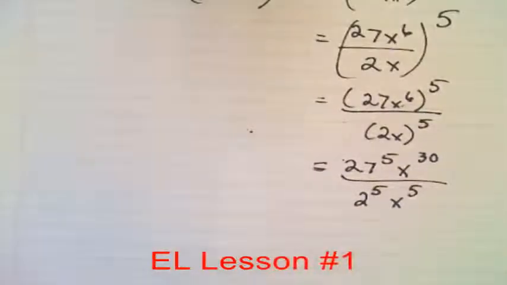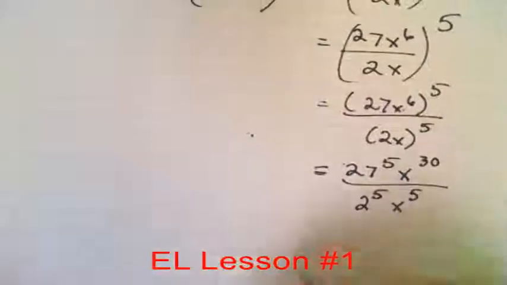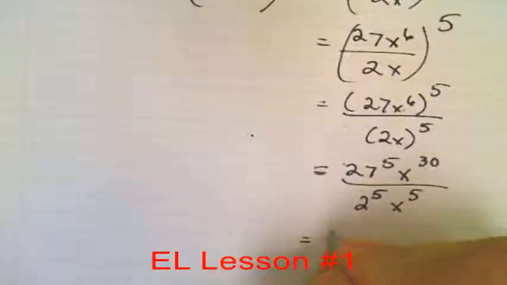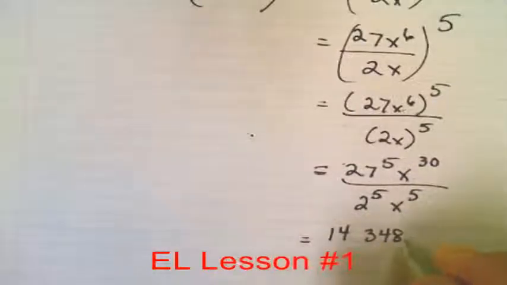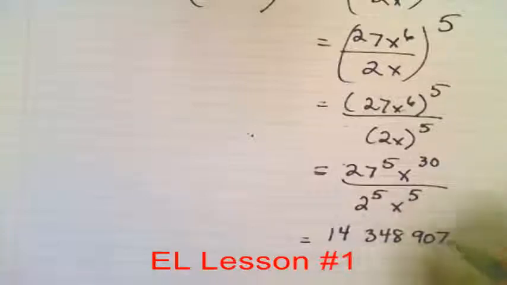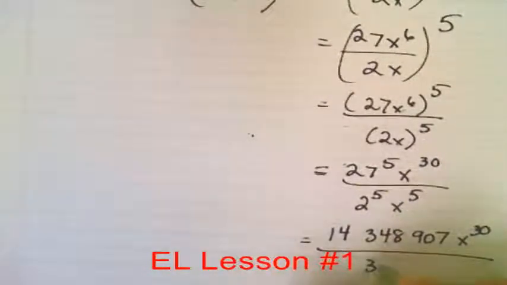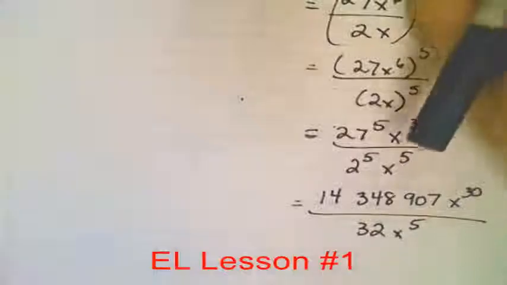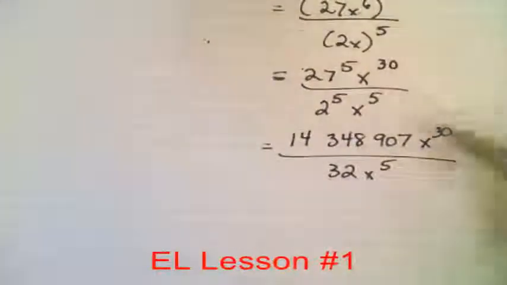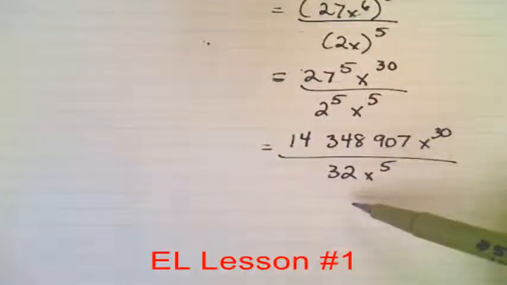X to the 6th to the 5th, keep the base the same and multiply, x to the 30, over I'm going to get 2 to the 5th times x to the 5th. So I'm happy there. Okay, keeping in mind what I am going to get, 27 to the power of 5 is 14,348,907 according to my math. Okay, I'm going to get x to the 30 over 32 x to the 5th.